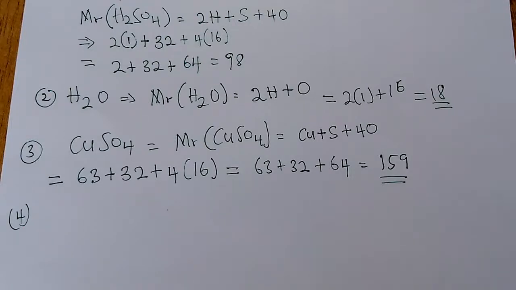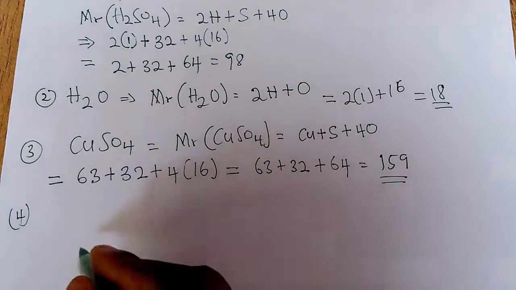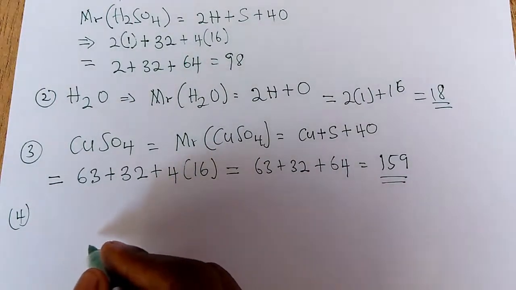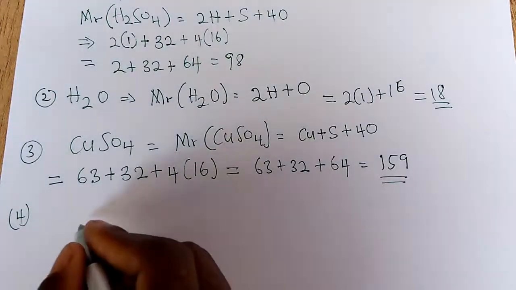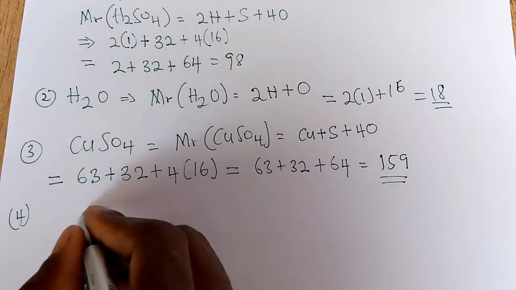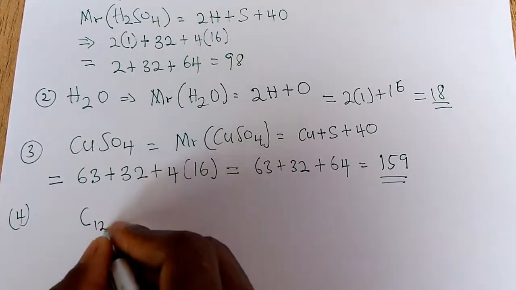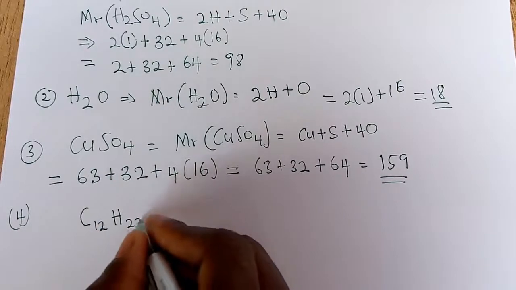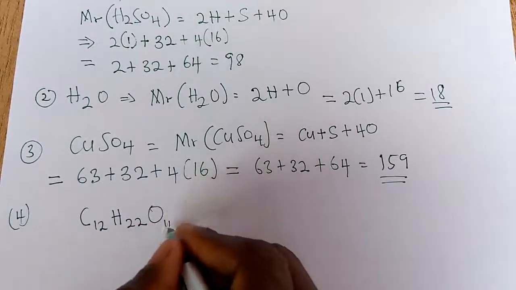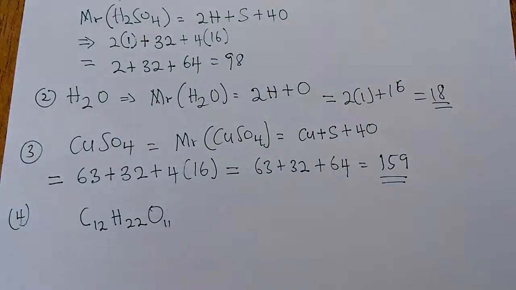And then okay, so the last example is sugar, and sugar has the formula C12H22O11, like this. So already we know the relative atomic masses of carbon, hydrogen, and oxygen.